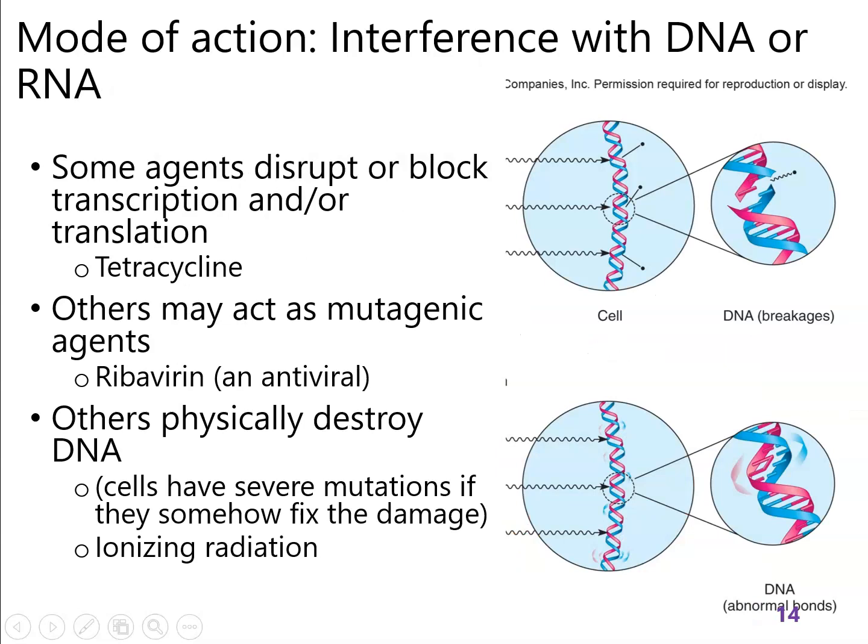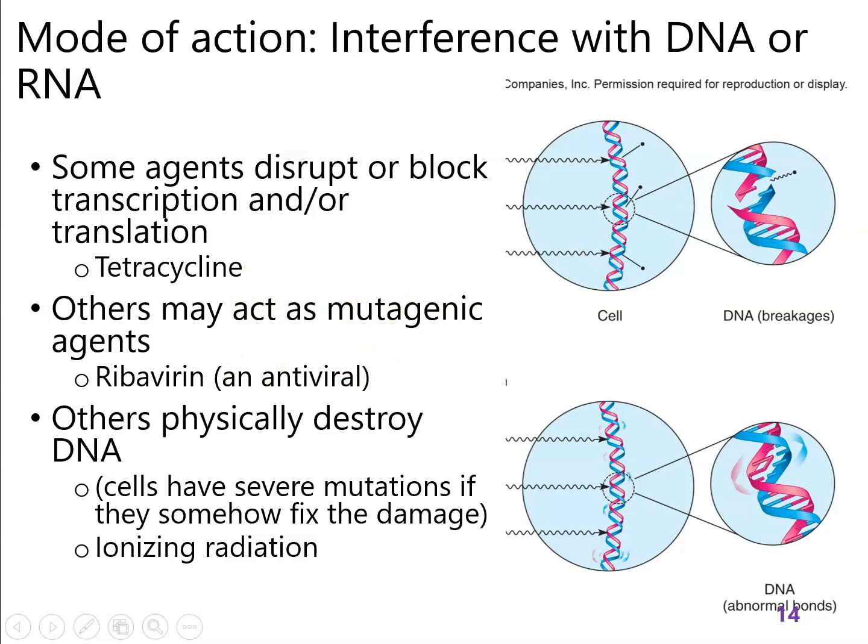Some of the things we will look at here interact with DNA, or they disrupt nucleic acids. That could include blocking transcription or translation or DNA replication, and there are antibiotics that do that. There's causing mutations. There are antiviral drugs that do that.